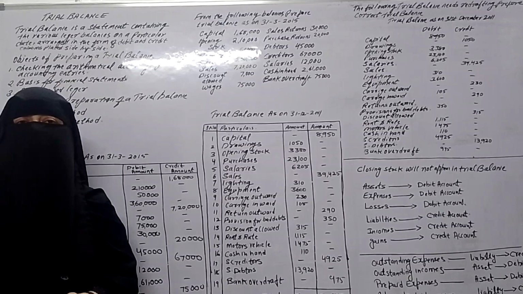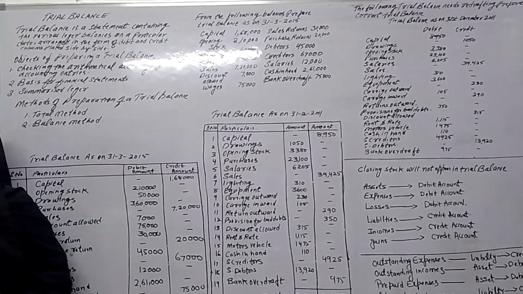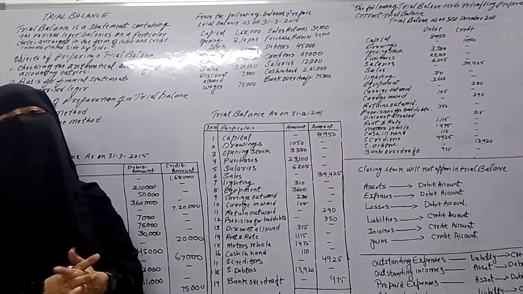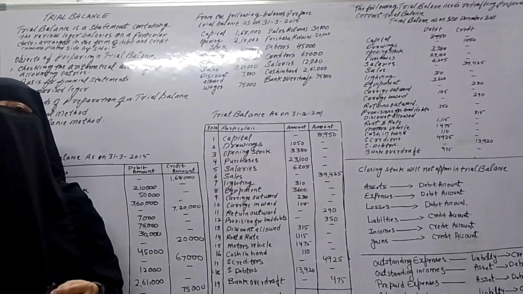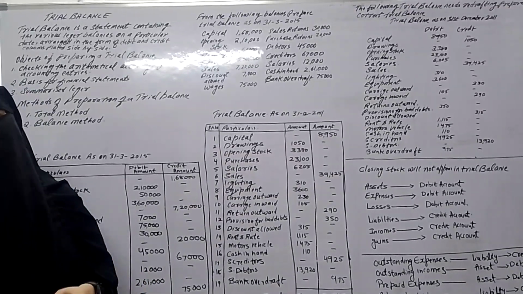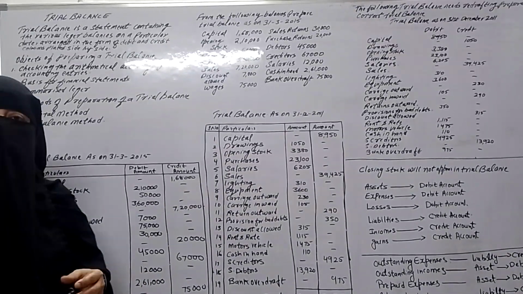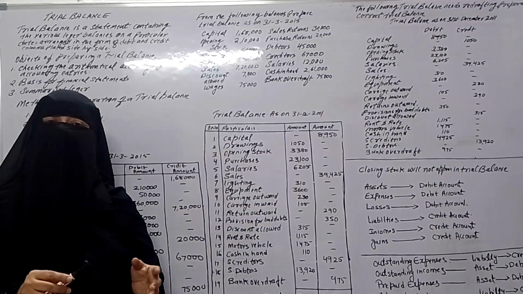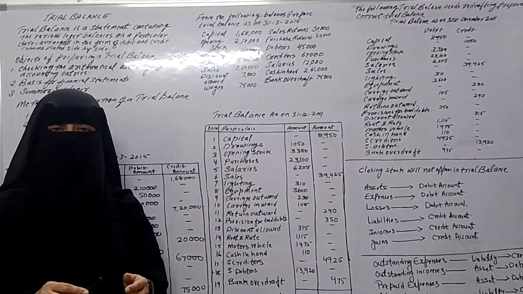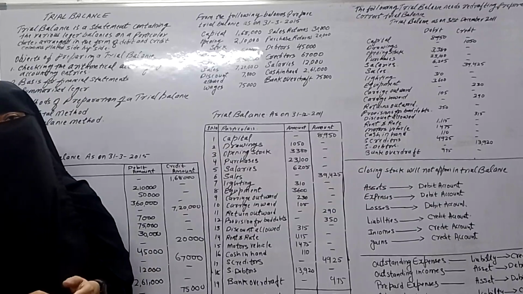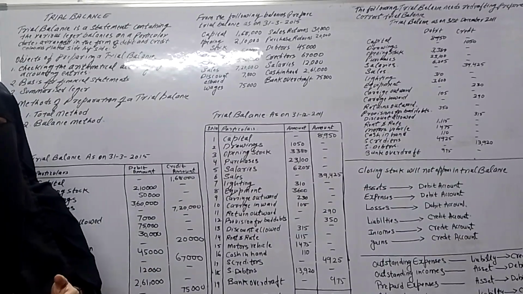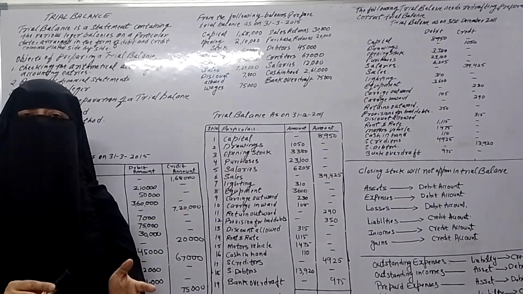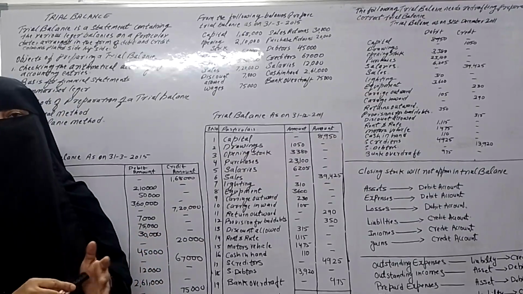Now students, before preparing the trial balance, you should know what are the debit balances and what are the credit balances. All the assets, expenses and losses have the debit balance. Expenses, assets and losses have the debit balances.